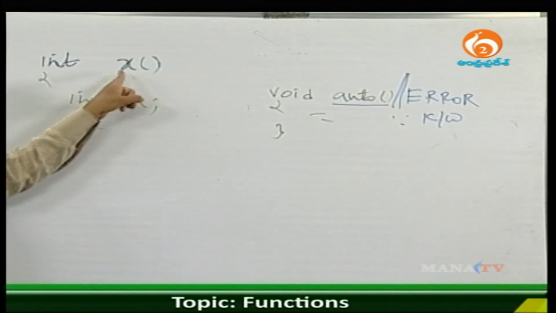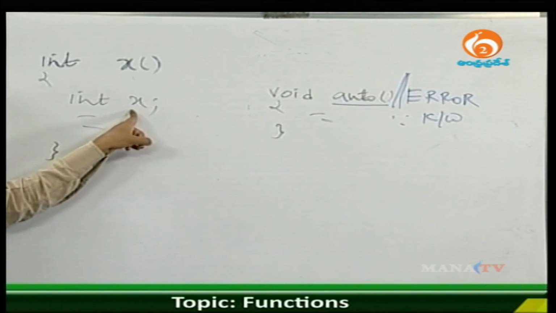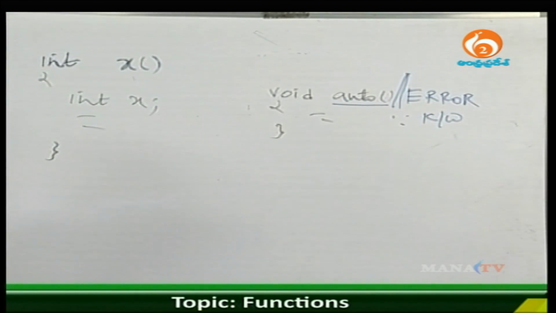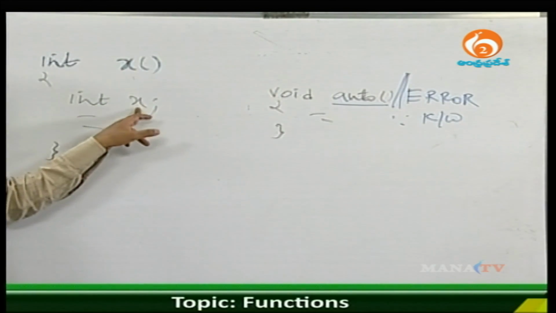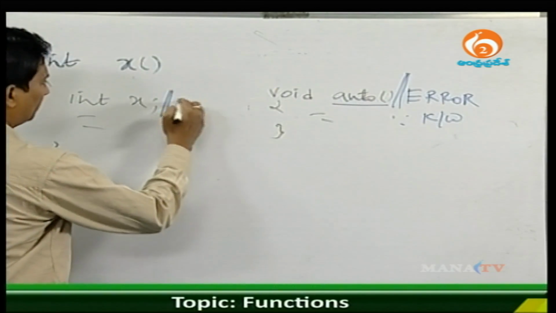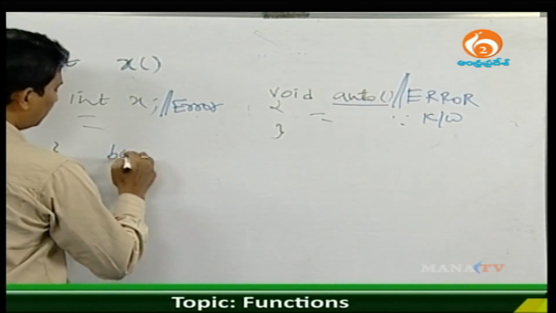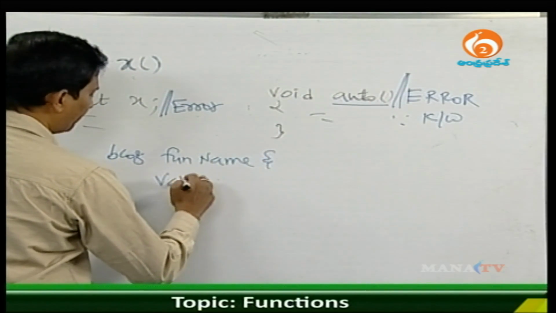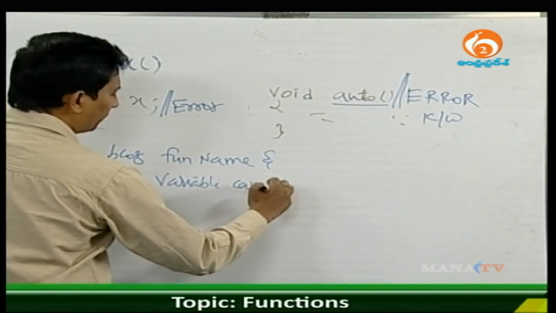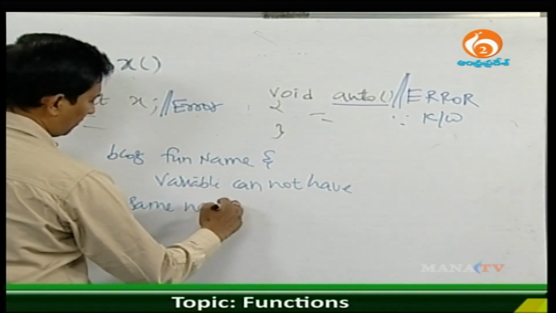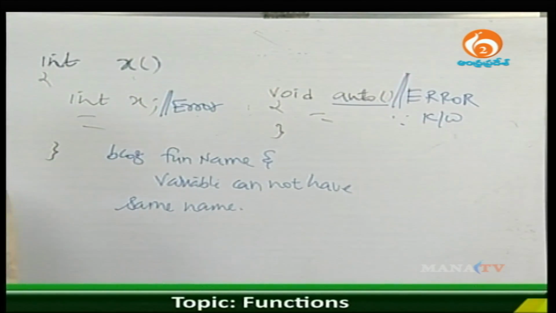It cannot be the same, so it leads to error, because a function name and a variable name cannot have the same name. This is the reason.